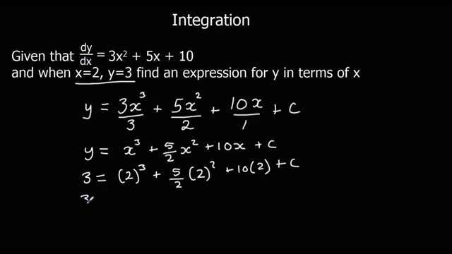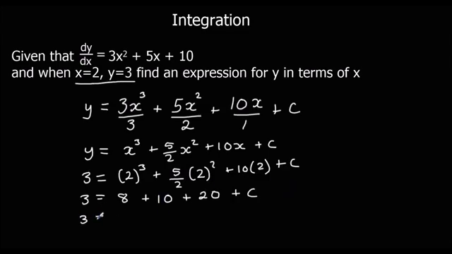So we've got 3 equals 2 cubed, 2 times 2 times 2 is 8. We've got 5 over 2 times 4. 5 times 4 is 20 over 2, which gives me 10. And 10 times 2 is 20. Plus c.